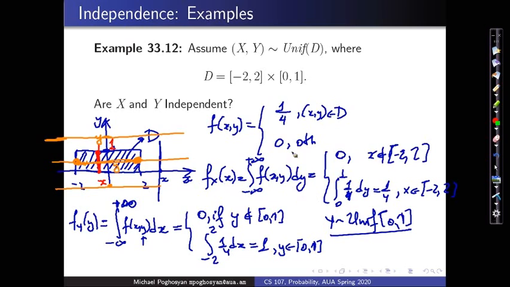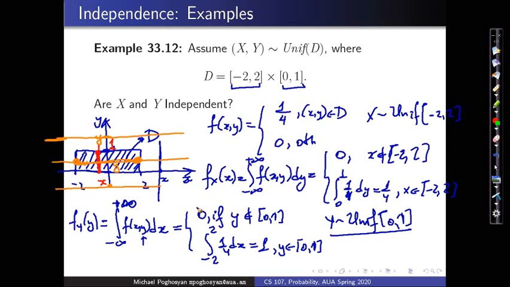And for x I could say that x is uniform from -2 to 2. This is not important for this problem. So x is uniform from -2 to 2, and y is uniform from 0 to 1 in this case.